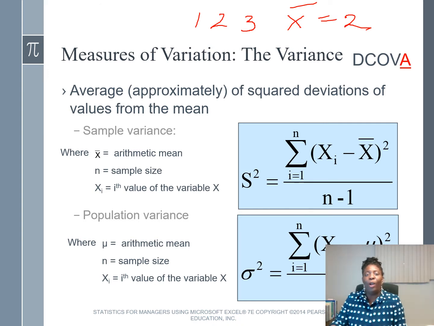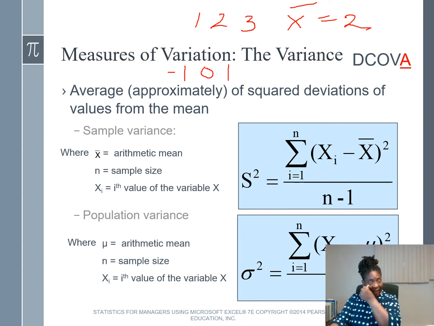What we do with the variance is find the average of the distance of the data from the mean, the squared distance. So 1 minus the mean of 2 gives us minus 1. 2 minus 2 gives us 0. 3 minus 2 gives us 1.